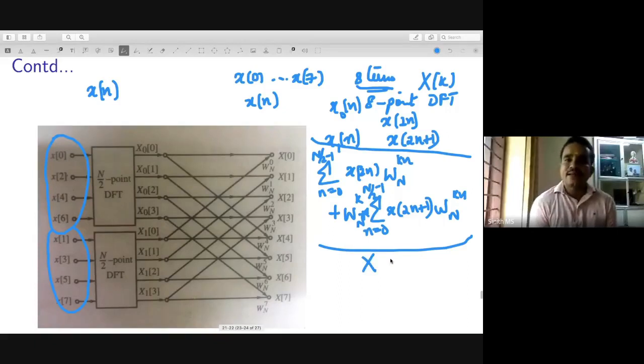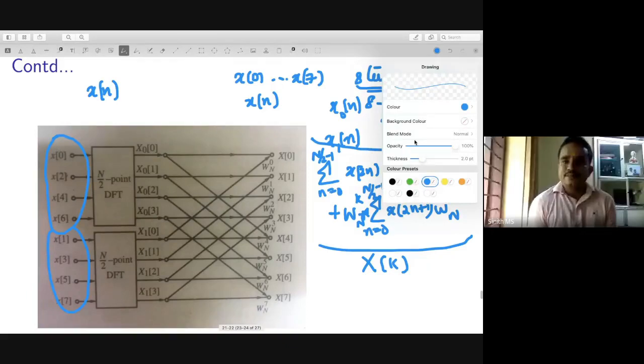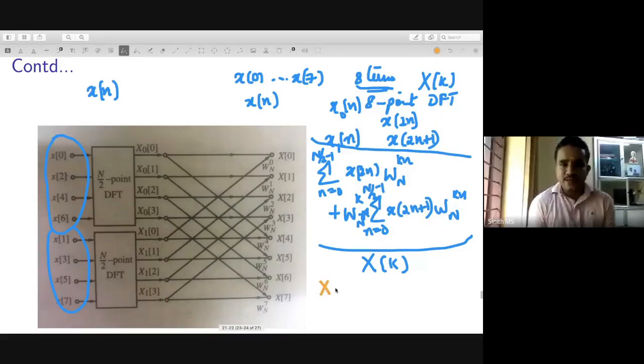So to find this xk, what you have to do is, suppose you're finding x0, what will you do? You give k equal to 0, then what is this equation?